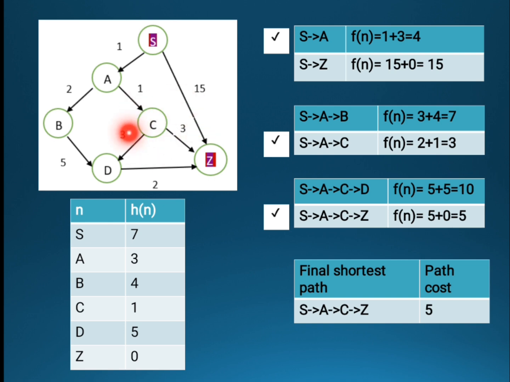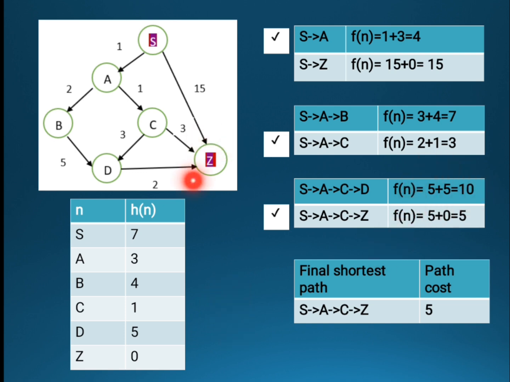From C we can reach both nodes, that is D and Z. So, SACD and SACZ. The g of n value of D is the distance from S to D. So 1 plus 1 plus 3 is 5. 5 plus the h of n value for D from the table, which is 5, gives 10.